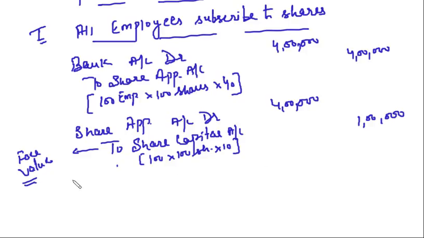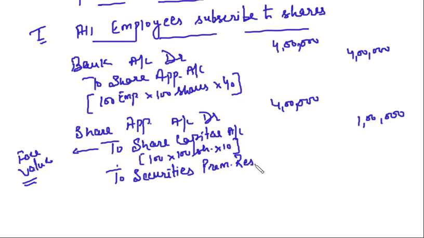Then what will be the balancing amount? That is the securities premium. Because our share is selling at a premium in the market. The face value of the share is 10. In the market, it is selling at a premium of 50 rupees because it is selling at 60.